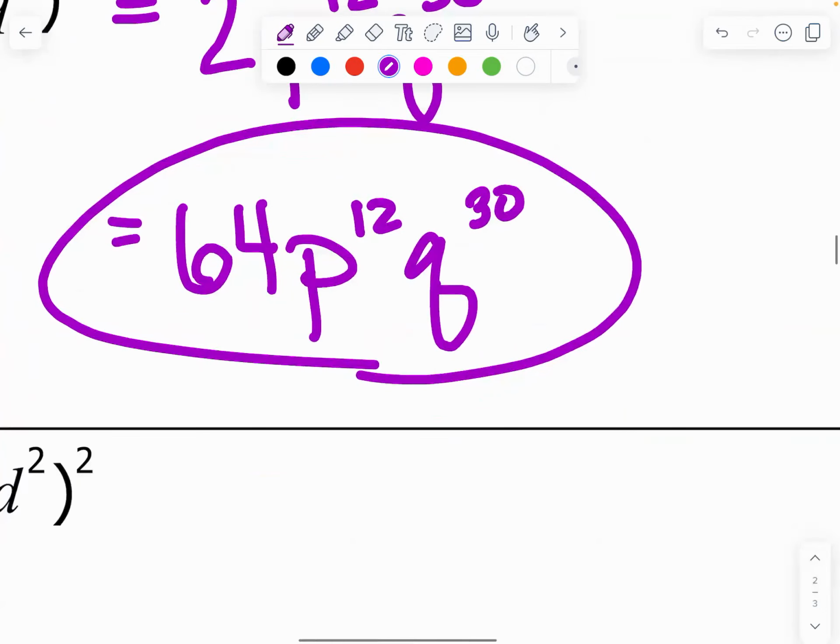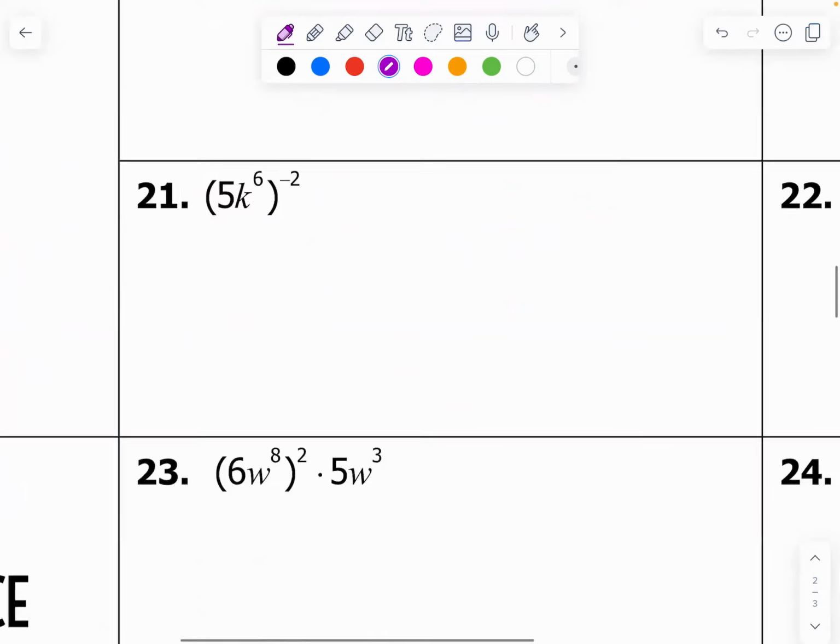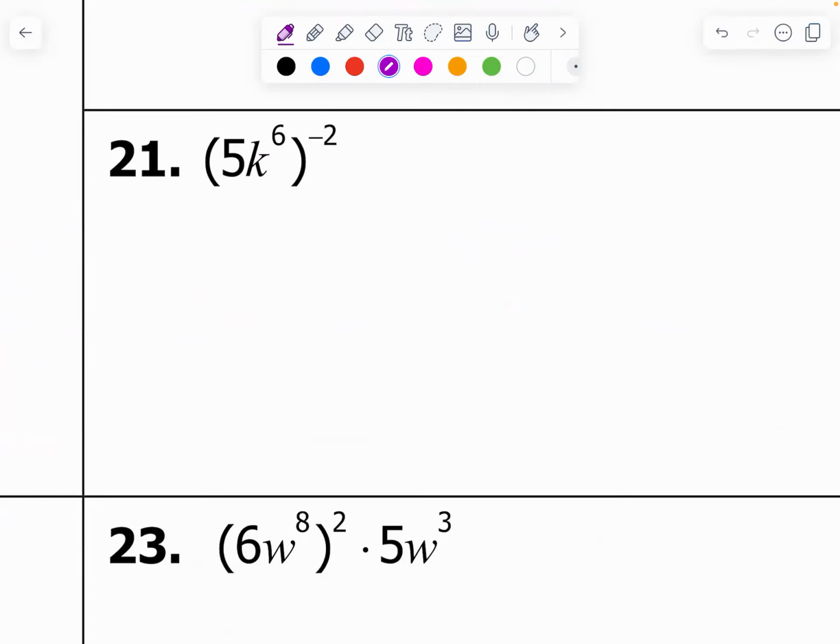All right, let's look at 21 and then we'll be done. In number 21, 5 gets the negative 2 exponent, and K will now have an exponent of what, Lainey? Negative 12. Now, they're both negative, which means we have to rewrite both of them.